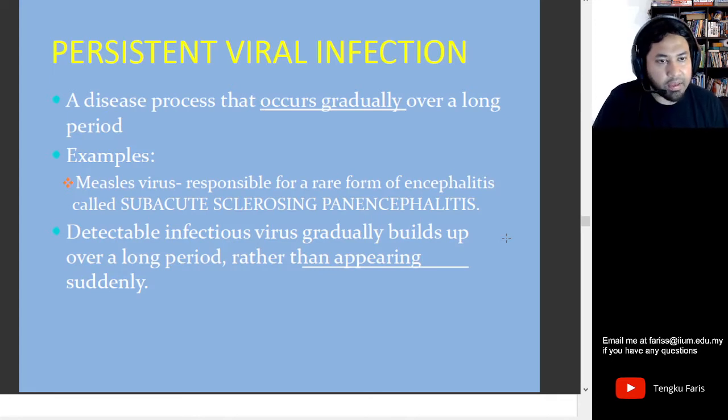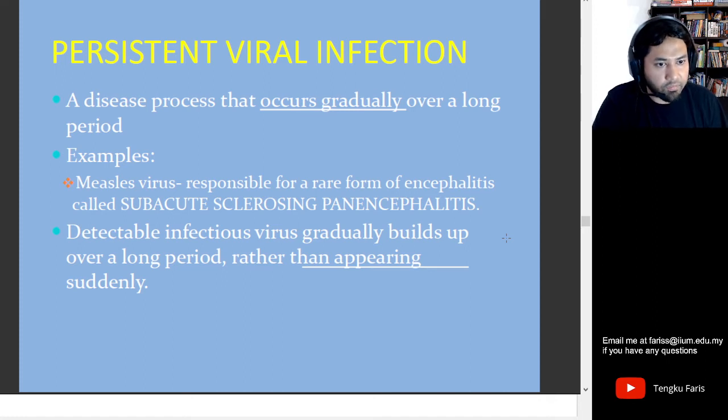In contrast, we have the persistent viral infections, a disease process that occurs gradually over a long period. It always persists, always consistent over a long period of time. It always comes and goes and then comes again and goes again. So it's a never-ending process.